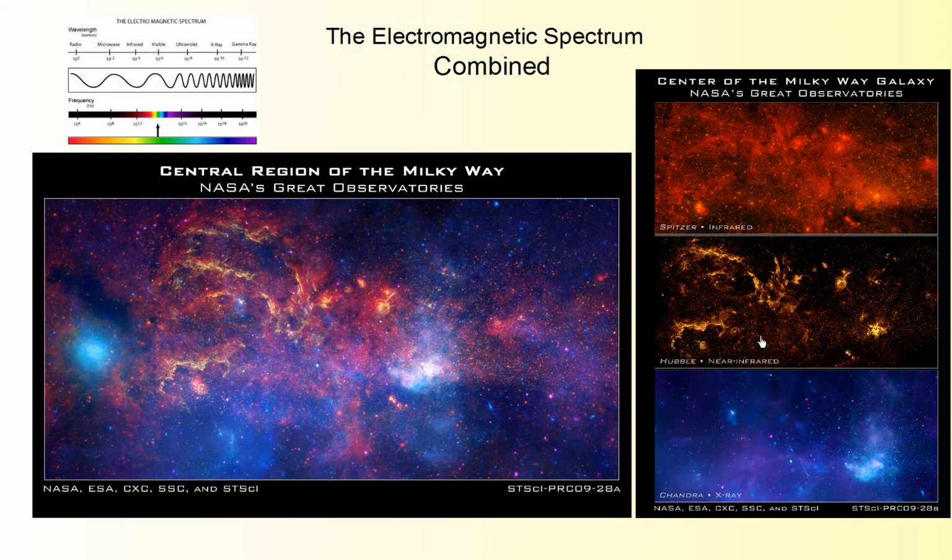And then Hubble was fitted with the near infrared telescope recently, and you can see those as the kind of yellowy. And then Chandra takes pictures in the X-ray, and so the bluish stuff is X-ray, and you mix them together and you get not only a beautiful picture, but you can really tell a lot.